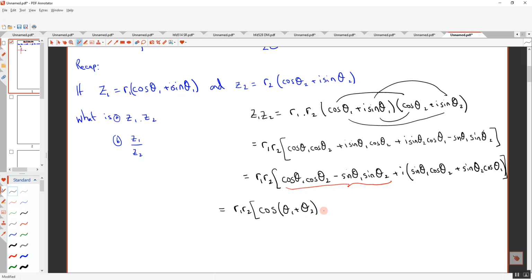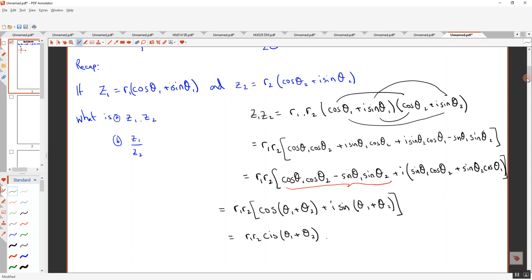And then the other one is also straight out of the formula booklet, also the addition formula: sine theta 1 plus theta 2.